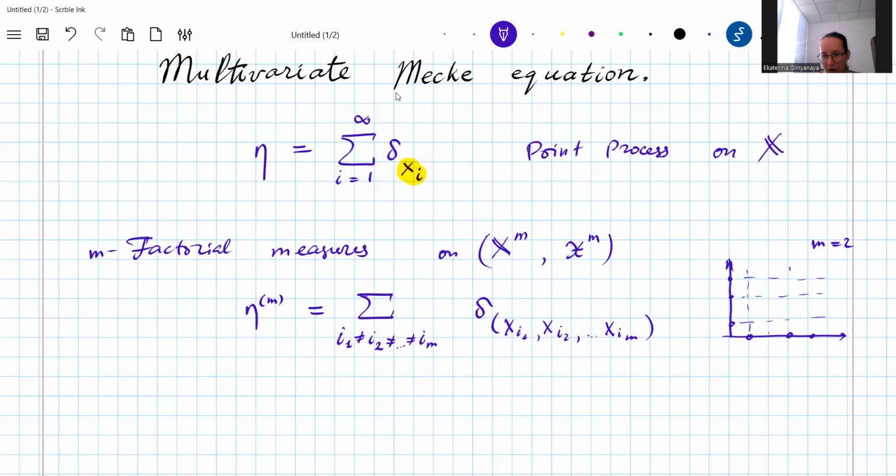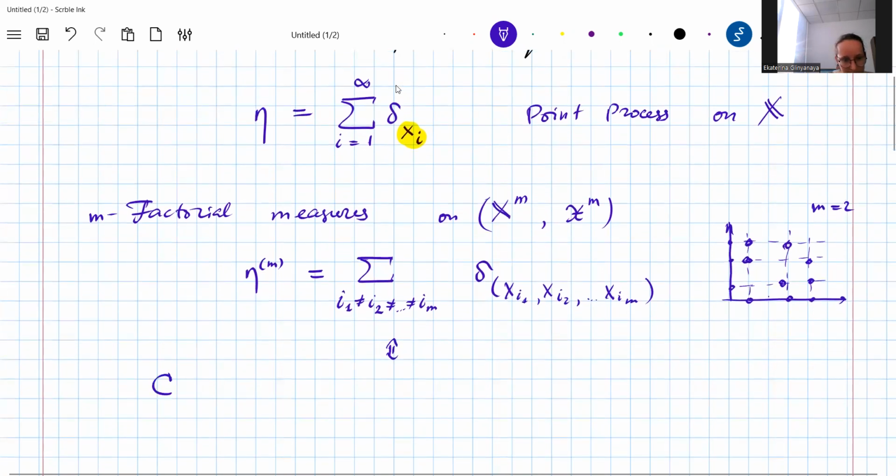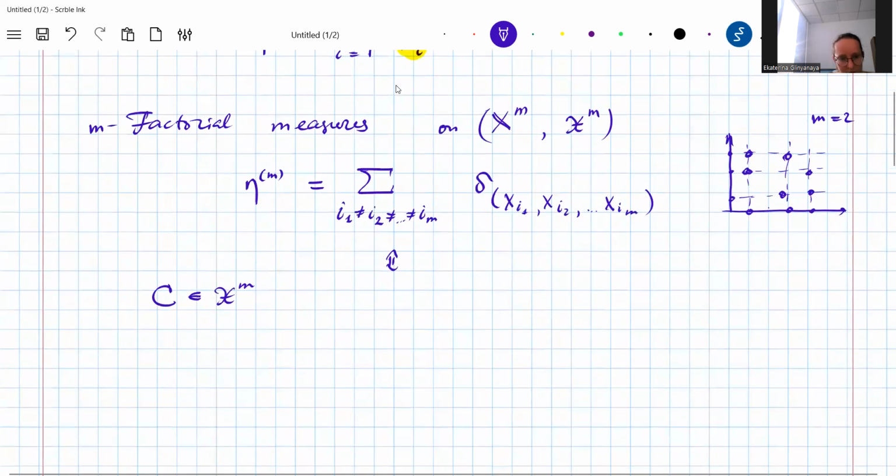Here, like the usual product of two measures, but now we consider only this one. So if I have some subset C in X^m, we can consider the action of this measure on this set.